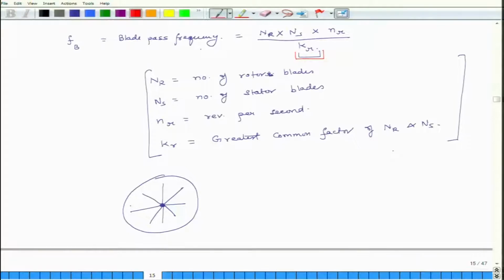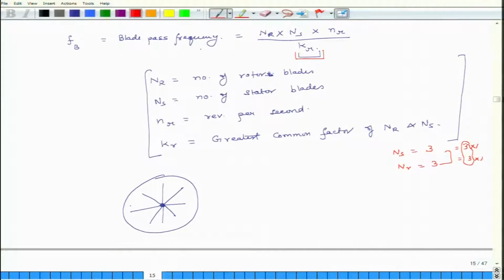So, in the first case NS is equal to 3, NR equals 3, and how do you find the greatest common factor? NS is 3 times 1 and NR is 3 times 1. What is the greatest common factor? 3 is the greatest common factor.